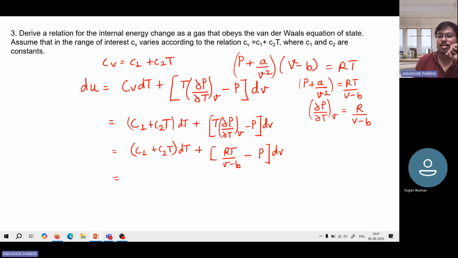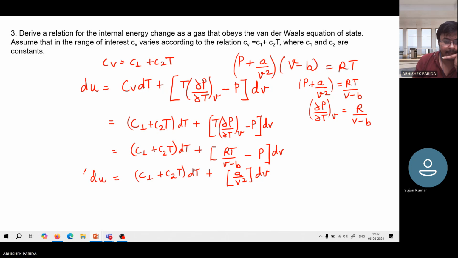So this is A by V square. So C1 plus C2 T dT plus A by V square dV. Now just integrate this from 1 to 2.